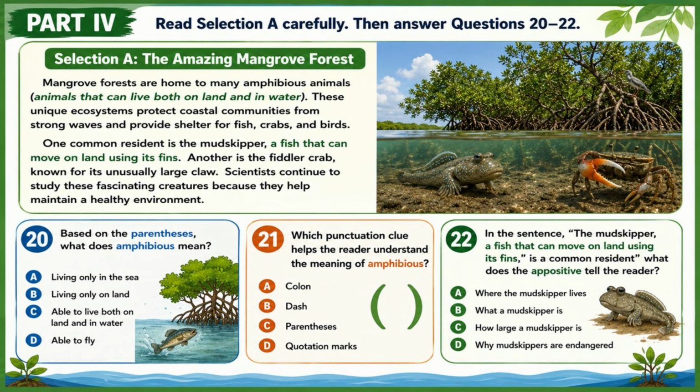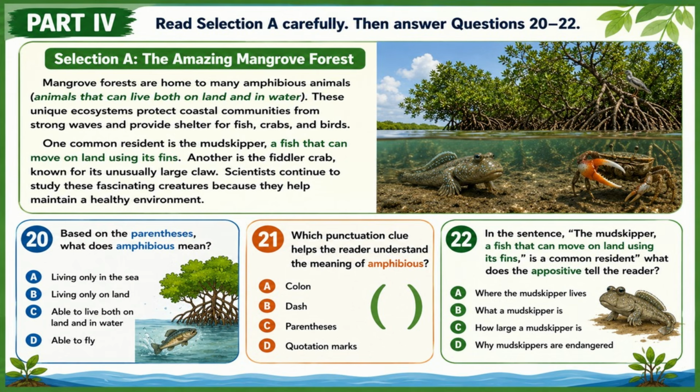Part 4. Read selection A carefully, then answer questions 20 to 22. The amazing mangrove forest. Mangrove forests are home to many amphibious animals (animals that can live both on land and in water). These unique ecosystems protect coastal communities from strong waves and provide shelter for fish, crabs, and birds.